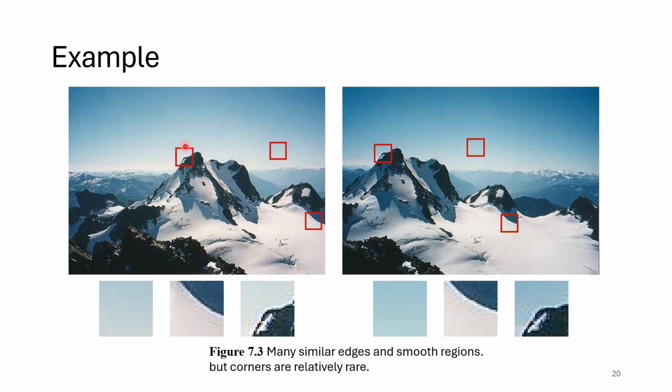This is a corner. If you localize this patch here, and you want to find the same patch in the right image, it is very unique, and you can find it here. But if you pick an edge patch like this, then yes, you can find another highly similar patch that looks like this. But are they located at the same position? No, in fact there is a shift.